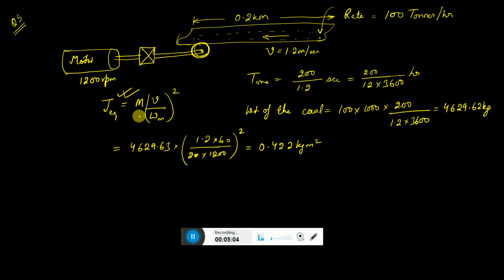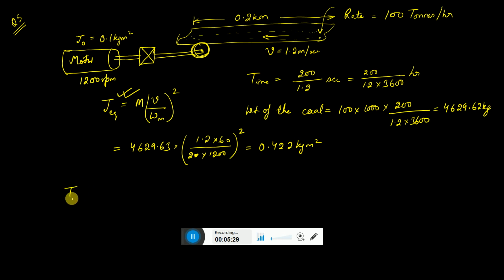Another thing that is important is J0: the motor has its own inertia, that is 0.1 kg meter square. So this J0 and the equivalent inertia will add up, and we need to find the equivalent torque.